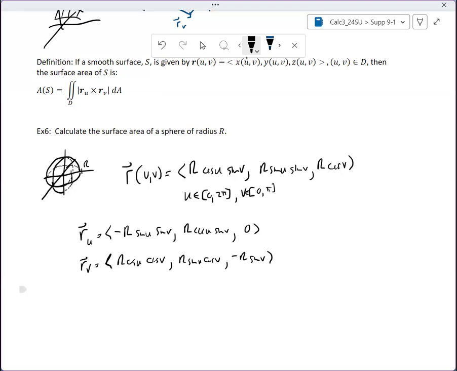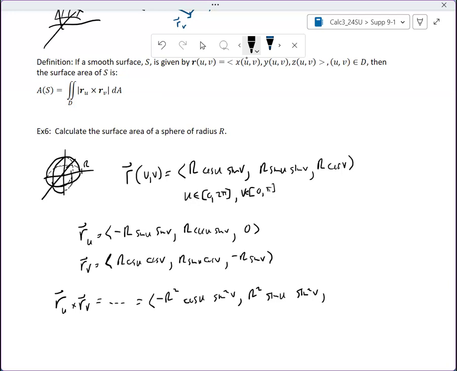We want to take the cross product of this. I'll leave the details as an exercise, but we should end up with the following. In the first component, negative R squared cos u sine squared v. In the second component, positive R squared sine u sine squared v.